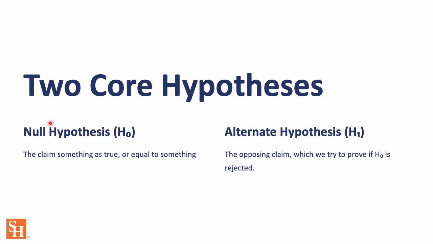So if in the null hypothesis we claim something is true or something is equal to something, then in the alternative hypothesis we claim something opposite to that. That means something is not true or something is not equal to something, right? I think now it is clear to all of you what we basically mean by null hypothesis and alternative hypothesis. But in the following slide I will clarify that with an example.